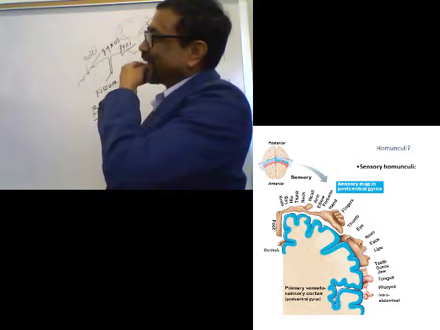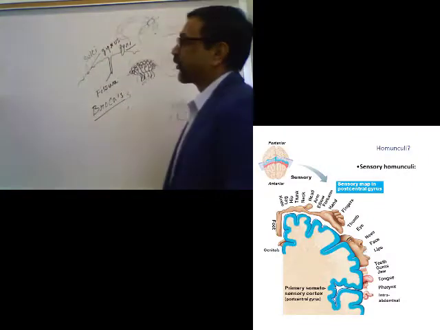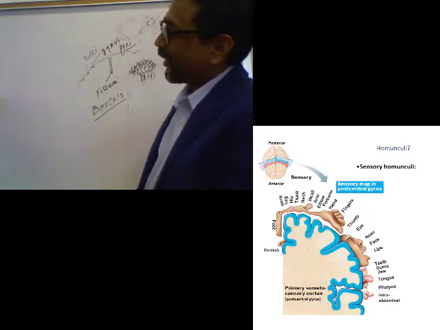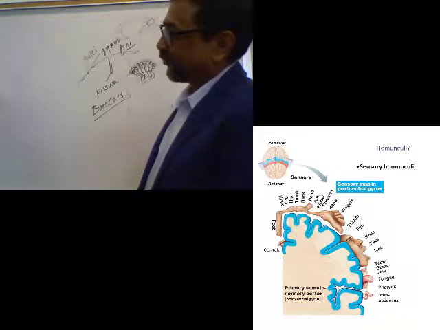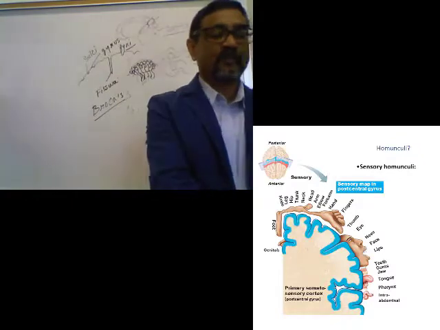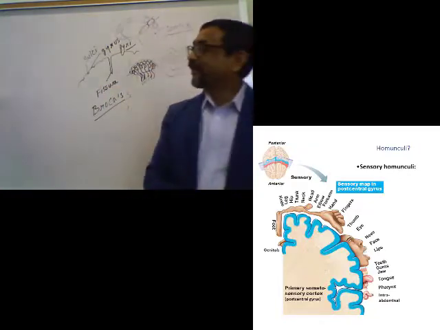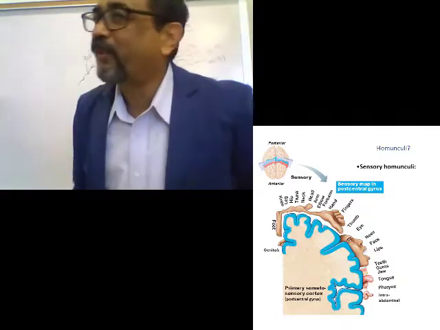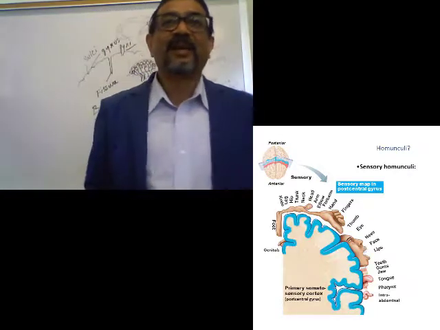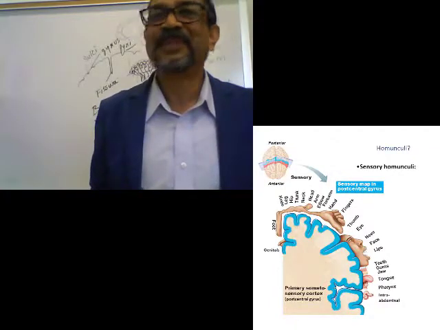Now you see, this is the primary somatosensory, that's why it is called sensory homunculus. How the body parts are represented on the primary somatosensory cortex has been shown here. Now you see what is interesting: although the entire body map is there, is it proportionate to your body or disproportionate? Disproportionate, right?